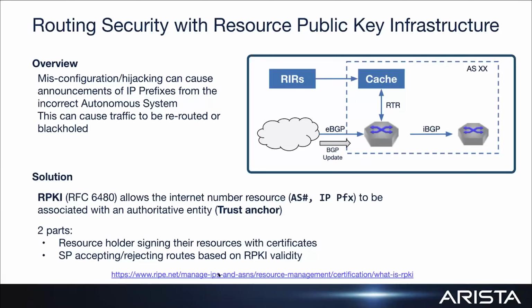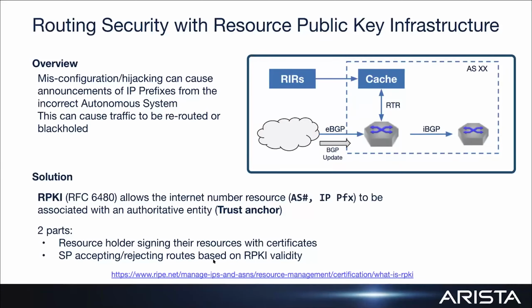As several incidents have shown in the past, hijacking of prefixes can lead to traffic being either redirected to a bad target, or even just to a black hole, and therefore kind of denial of service a given prefix.